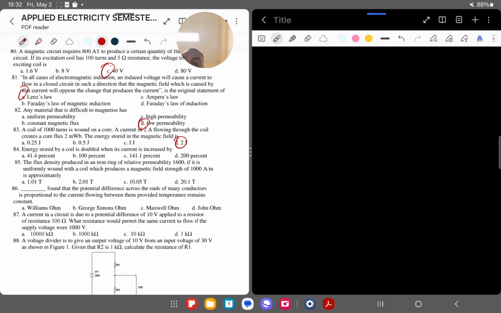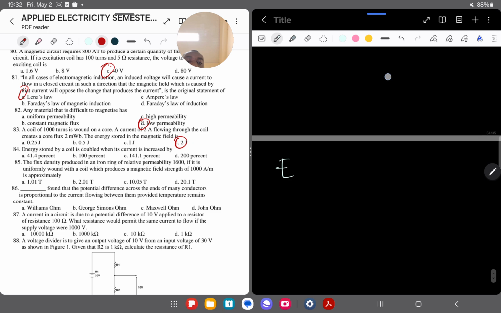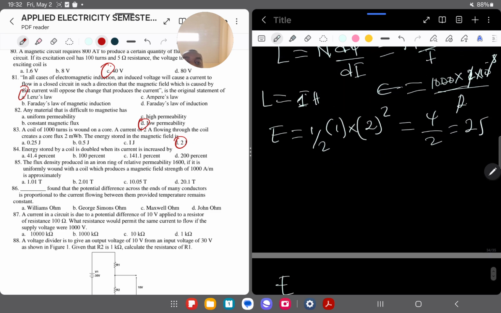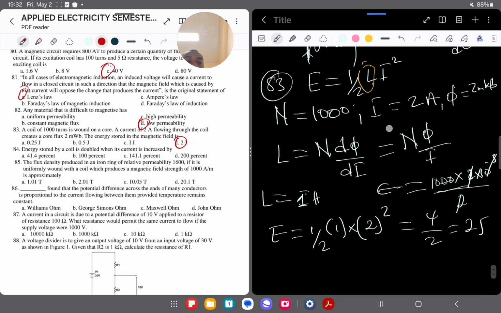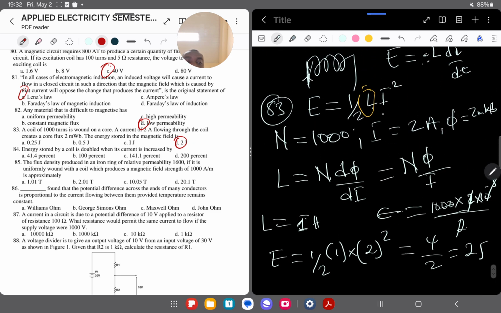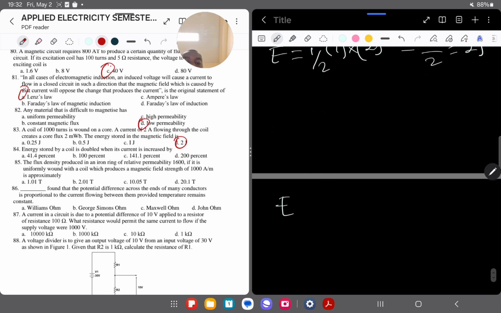So if we are having the energy, just like the formula we wrote earlier, you can see that the energy here is directly proportional to the square of the current.